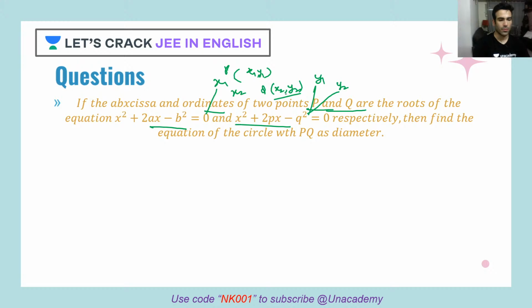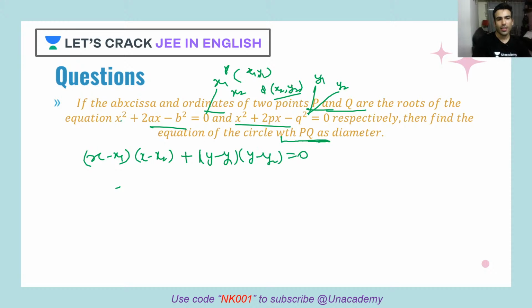Okay, so now I'll tell you. We need to find the equation of a circle when two opposite points are given to you, correct? So what is the equation? (x - x1)(x - x2) + (y - y1)(y - y2) = 0, correct?